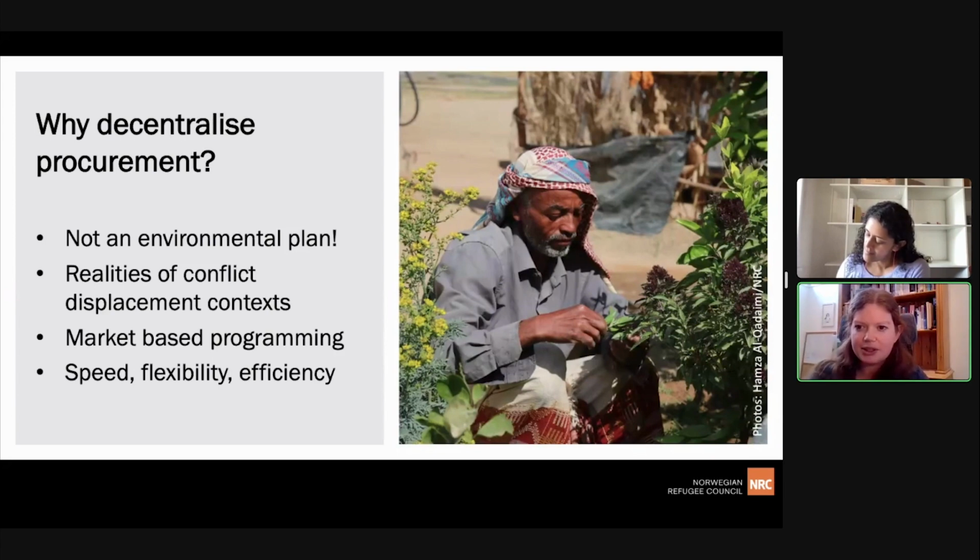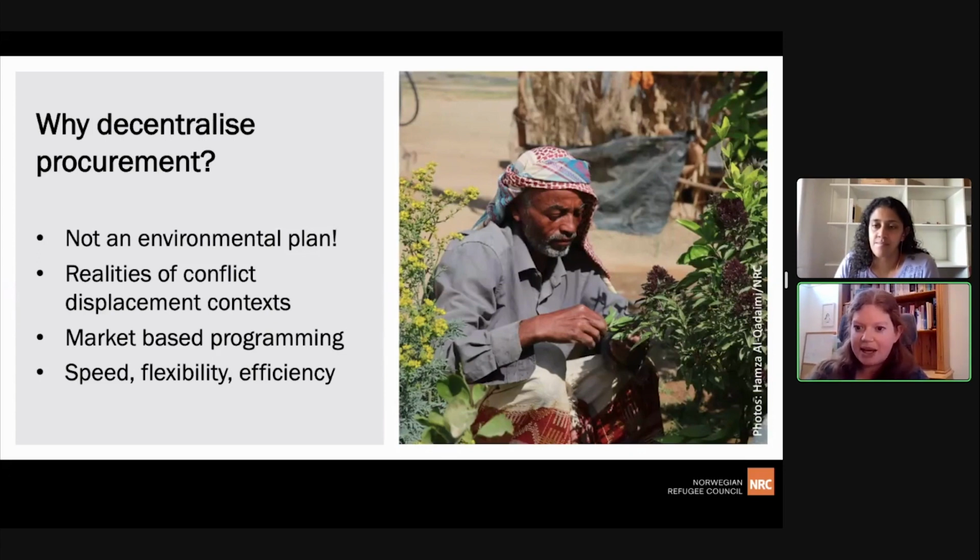One of the biggest factors is a very realistic look at the context that we operate in. Centralized procurement, big international supply chains, pre-positioned stock, and shifting huge quantities of stock into a crisis are generally necessary in rapid onset emergencies, but not as necessary in the majority of contexts in which we operate.